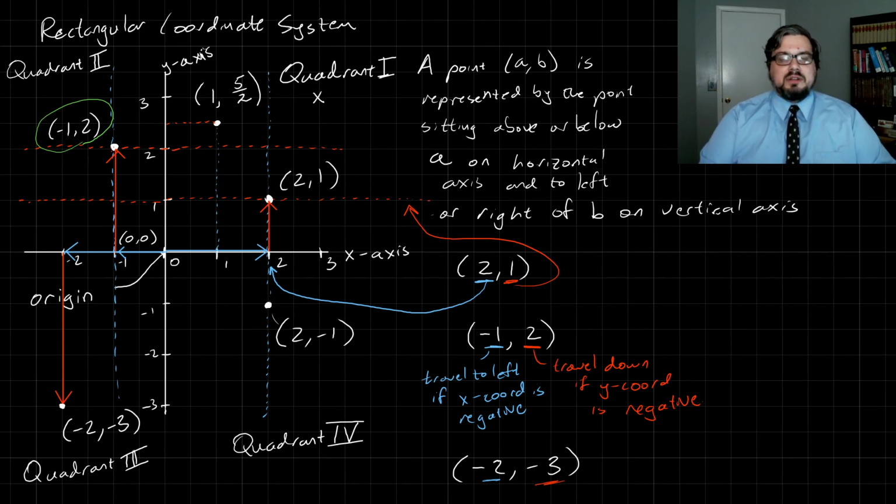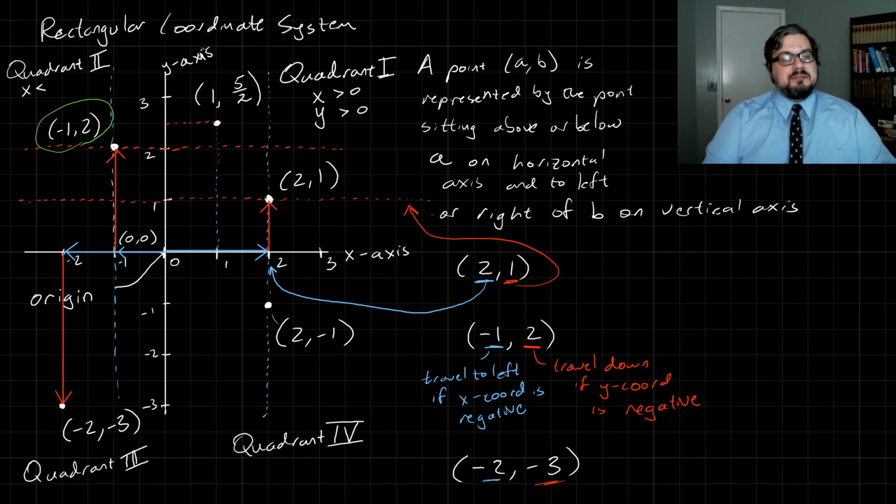And we can look at each of these quadrants and identify them, as I just said, in terms of whether their x-coordinates are positive or negative. Quadrant 1 consists of all the points where the x-coordinate is positive and the y-coordinate is positive. Quadrant 2 consists of points that lie to the left of the vertical axis.